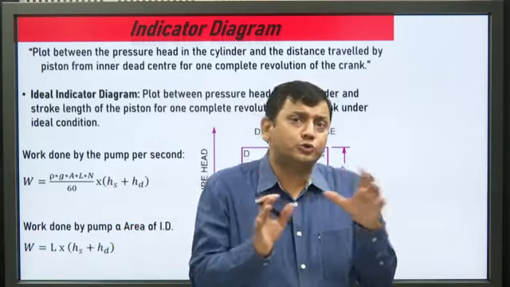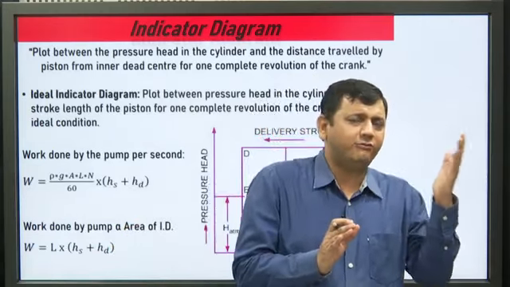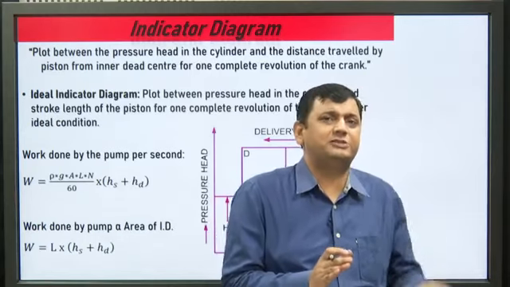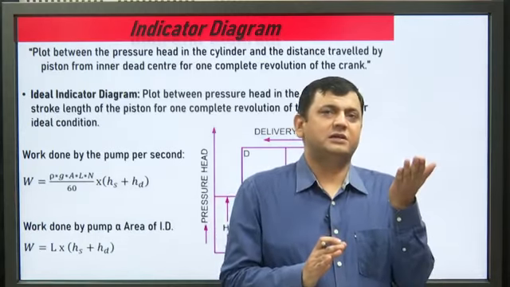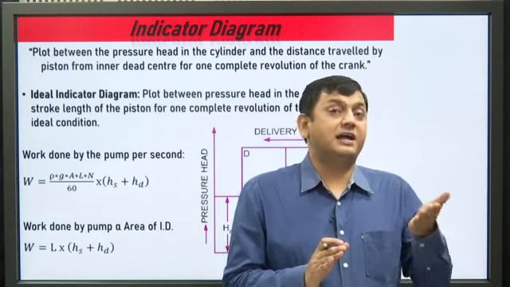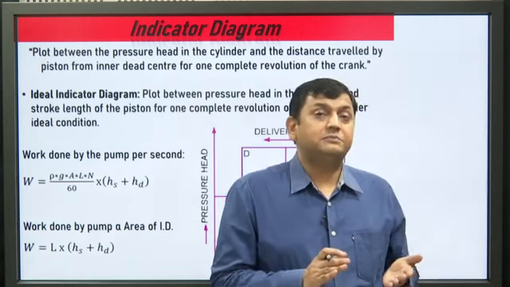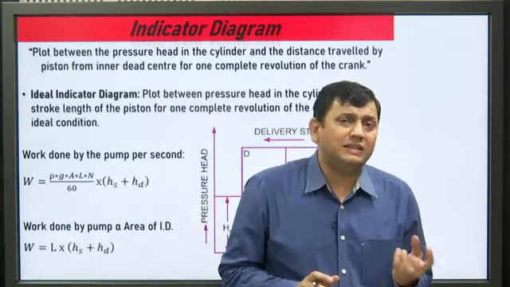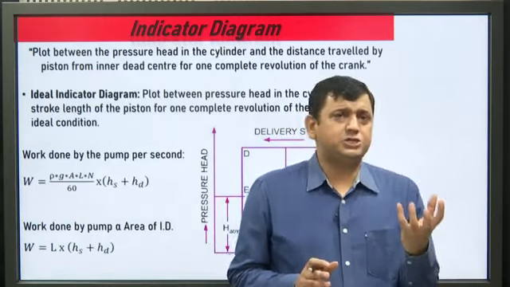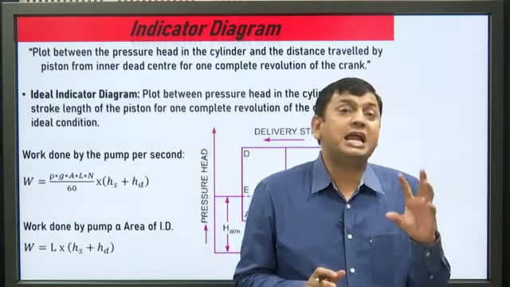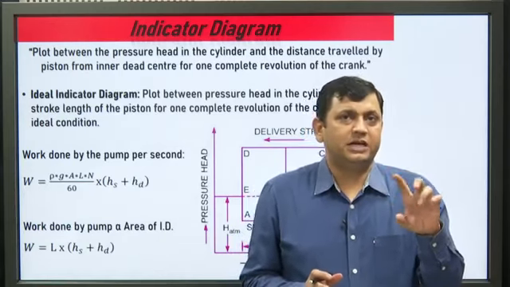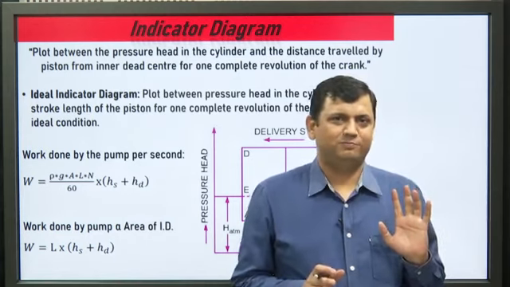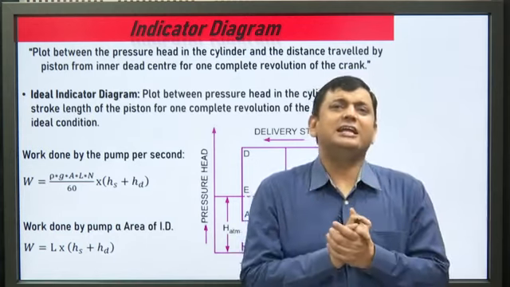Due to this acceleration there is fluctuation of the water that is being lifted from the sump. So in case of the ideal indicator diagram, by this diagram we can know the exact situation of the different effects, due to friction and due to acceleration, by simply drawing the indicator diagram.